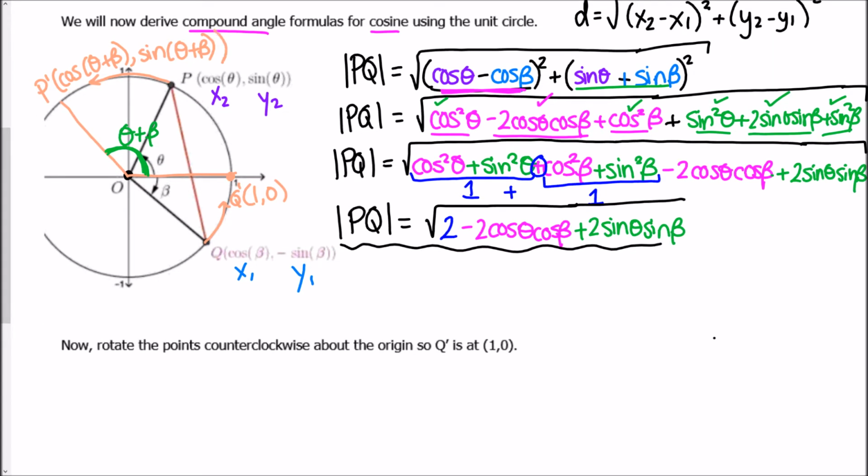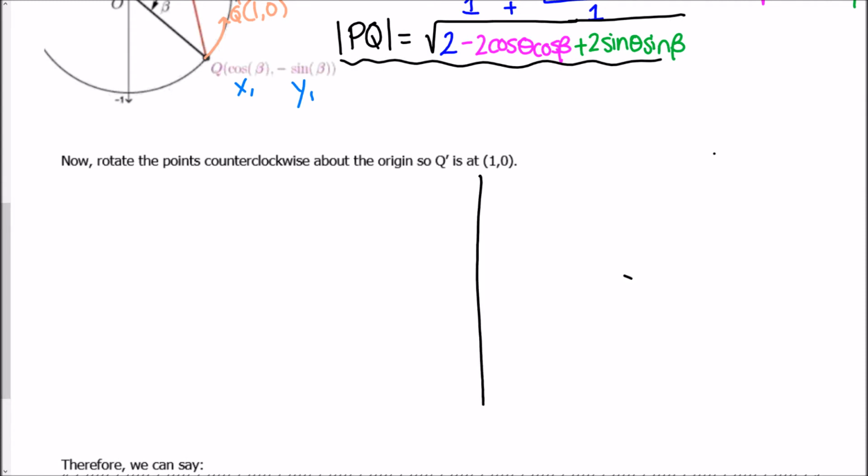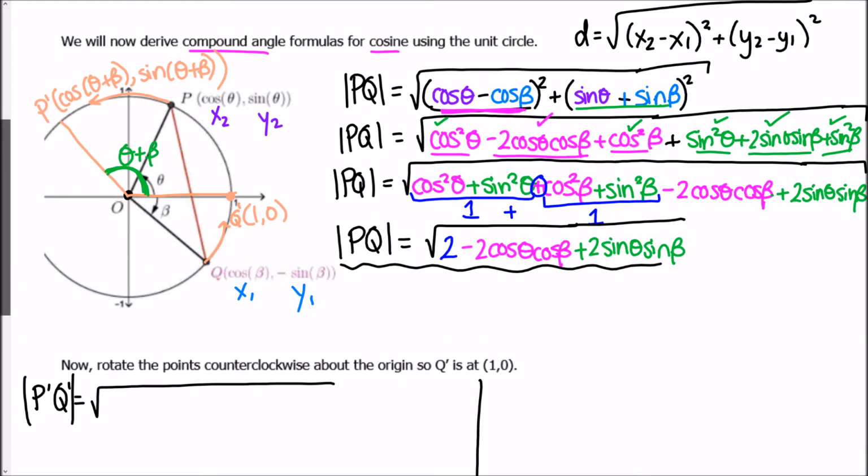All right, so now that I've done that, I'm going to do the exact same thing, but this time I'm going to find out what P prime Q prime is going to be. So we're going to split this down the middle because we're going to need a lot of space right here. To find the absolute value of P prime Q prime, same thing, I'm going to use the distance formula that we have right here, okay?